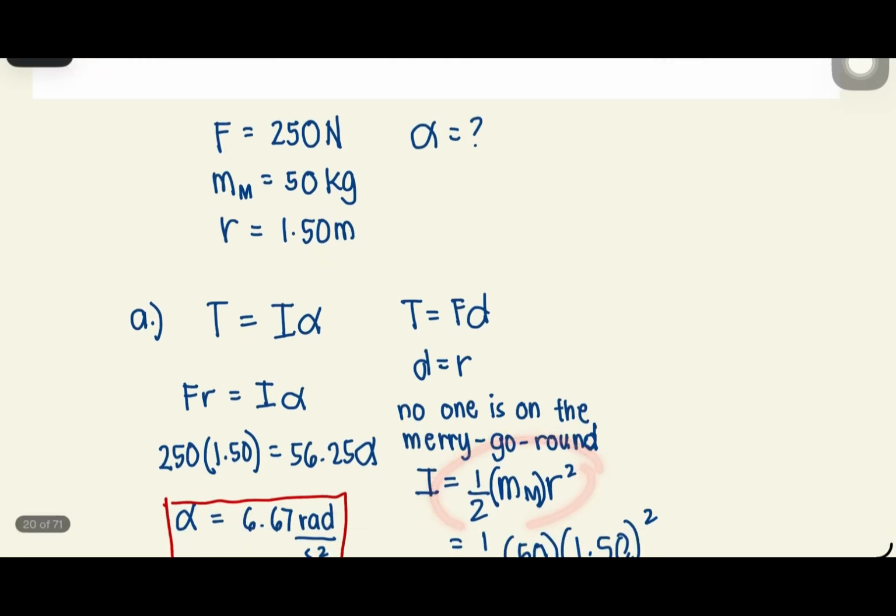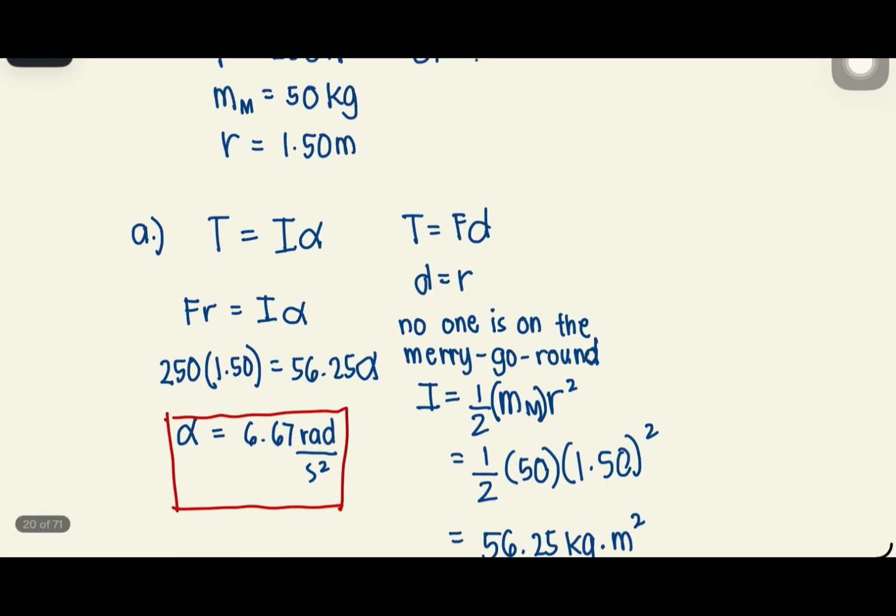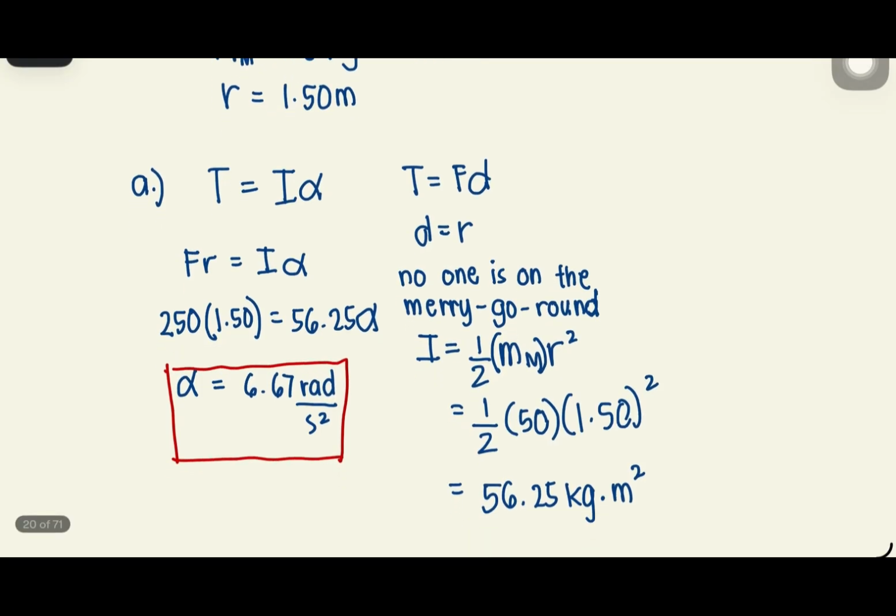So ito yung gagamitin class pag yung I natin or yung element dito is solid or uniform disk. Then substituting the given mass 50 and the radius 1.5, we get I equals 56.25 kilogram meter squared. Then now we can substitute it back to our formula. Using the calculator, we can compute alpha equals 6.67 rad per second squared.